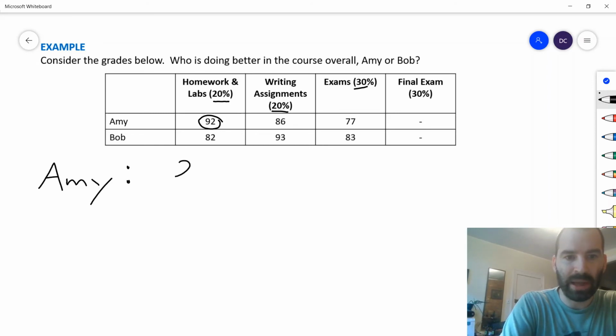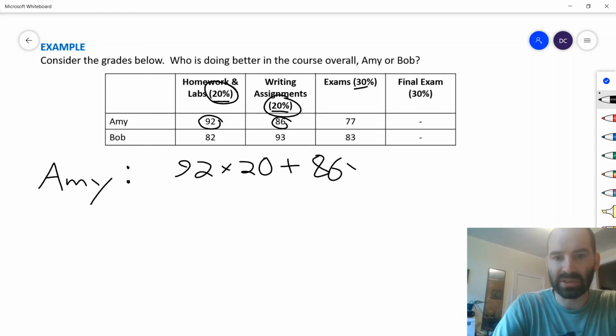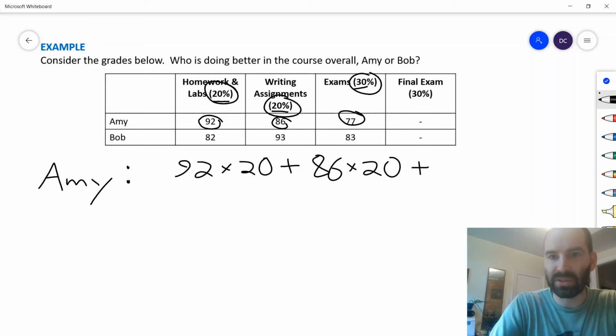So that's going to be 92. We're going to multiply it by the weight, which is 20. And then we add these up. So then we do her 86. Multiply that by that weight, which is 20 again. And then we do 77, multiply it by that weight, which is 30.